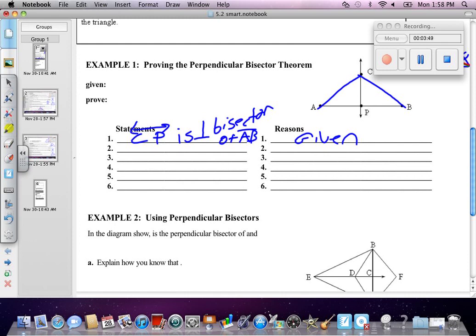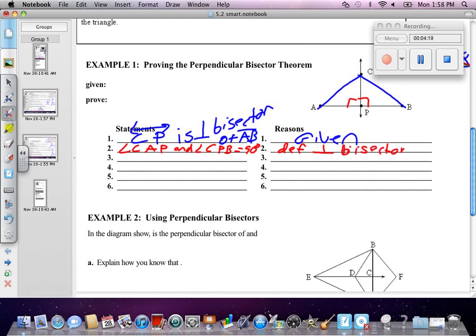But if we don't know that yet, we do know that with a perpendicular bisector, these two must be 90 degrees, correct? We know angle CPA and angle CPB are 90 degrees by the definition of perpendicular bisector.